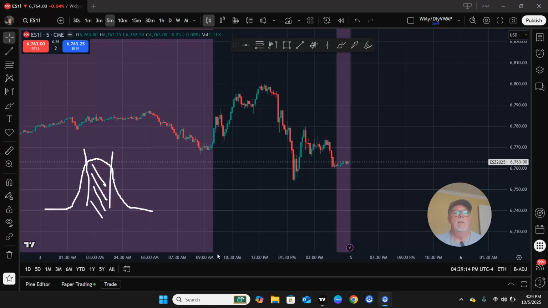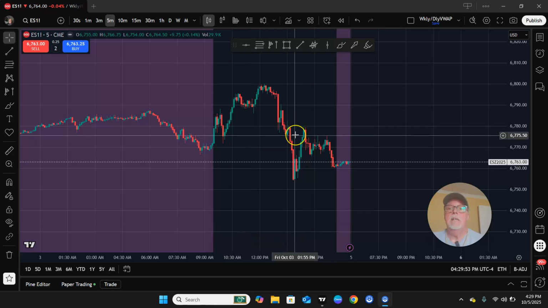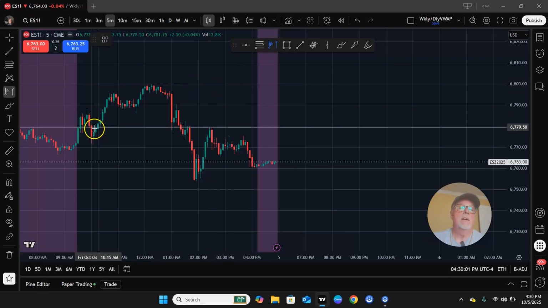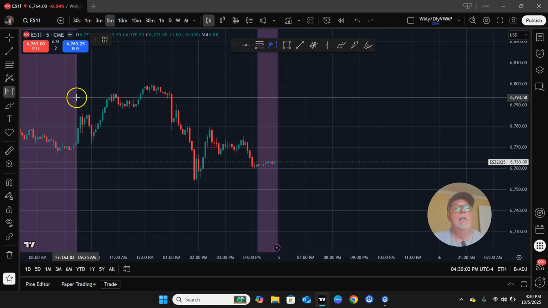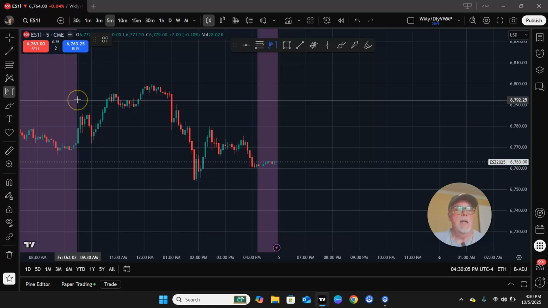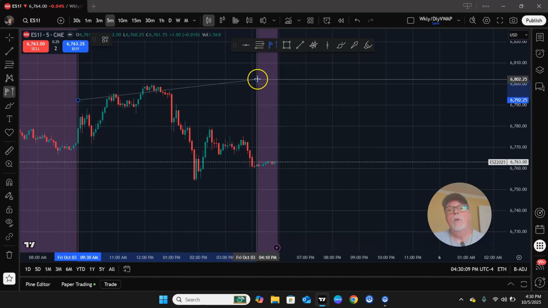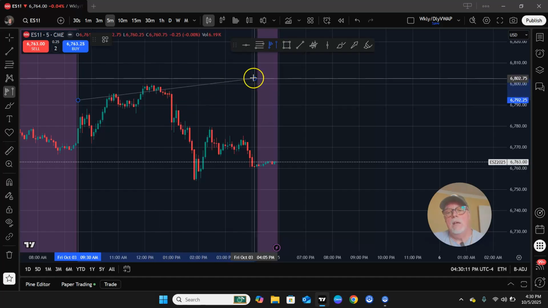Okay, and so that is real similar to what I can put on here. Just automatically, I hit fixed range volume profile. Now I have to select the range, and I want to select 9:30 in the morning to 4 o'clock in the afternoon.